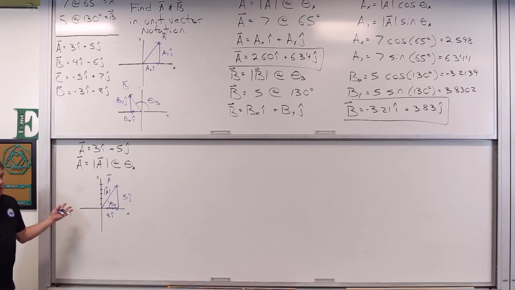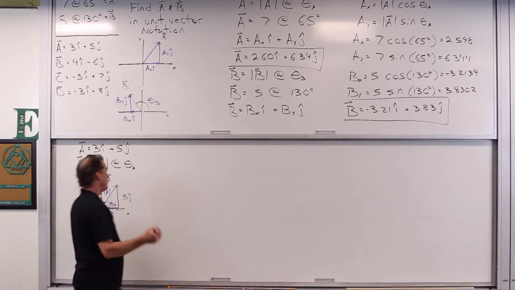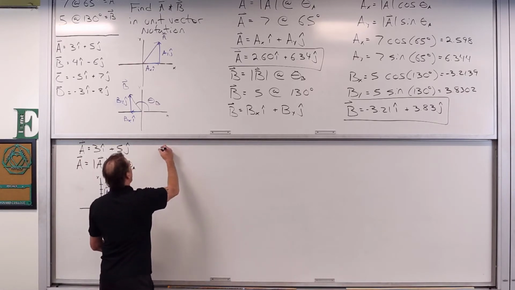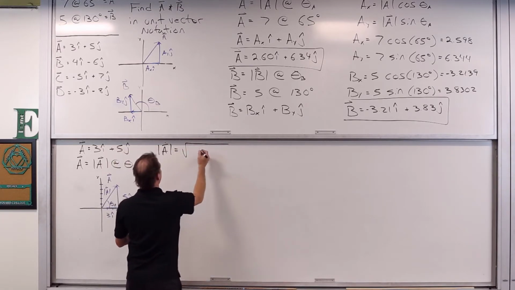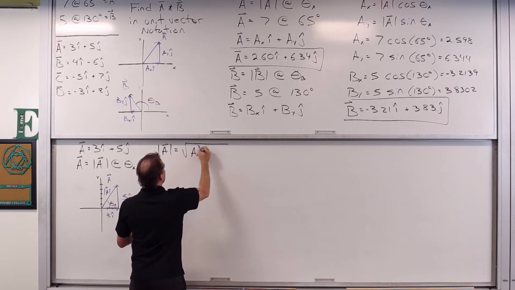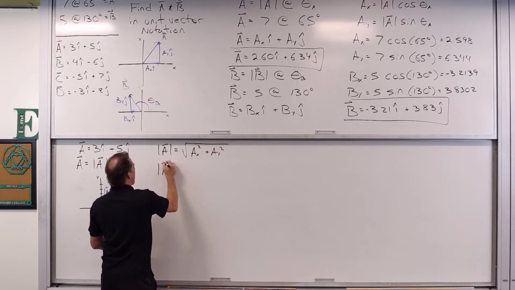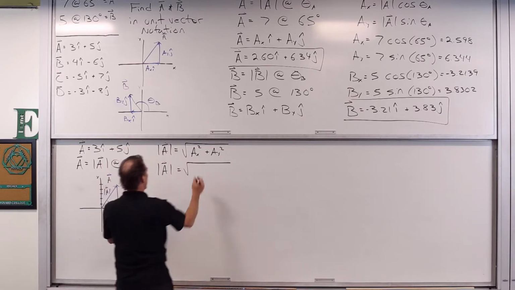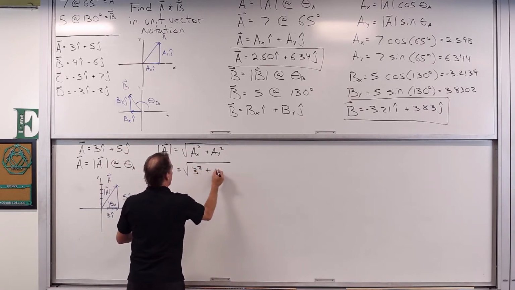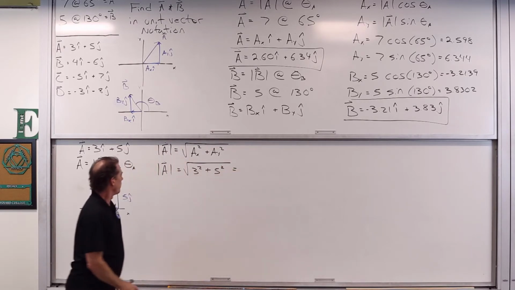So let's just go ahead and figure out what theta sub a is and the magnitude of A, shall we? Sure. All right, so starting off with the magnitude. The magnitude of a vector is the square root of the sum of the squares of the x and y components, which is just a sub x squared plus a sub y squared, which gives us that the magnitude of A is going to be equal to the square root of 3 squared plus 5 squared, which is what, root 34?